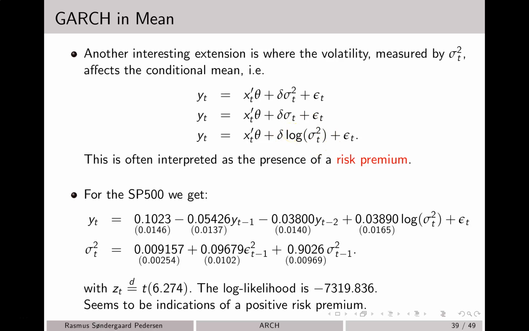The interpretation is that this delta here reflects a risk premium, and we can estimate this model here, and we find that there is a positive risk premium if we choose this log of the conditional variance in the conditional mean specification. So it suggests that the conditional mean is increasing in the conditional variance. So indeed, that there is a risk-return trade-off.